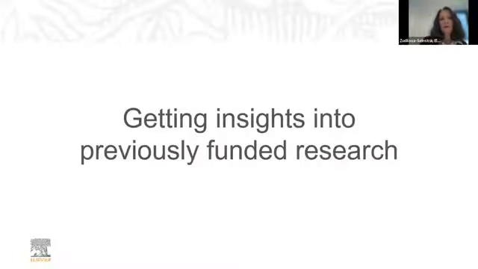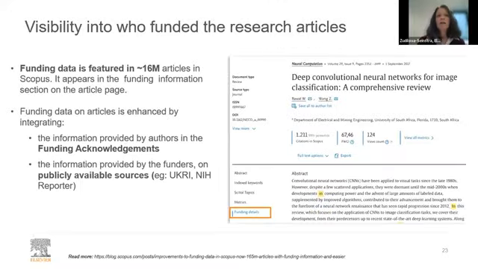So moving on. So we just looked at how we can search for funding information. But what about research that was sponsored by certain grants, how could you relate to the funding information by looking at the published research? More than 16 million articles in Scopus feature funding data.